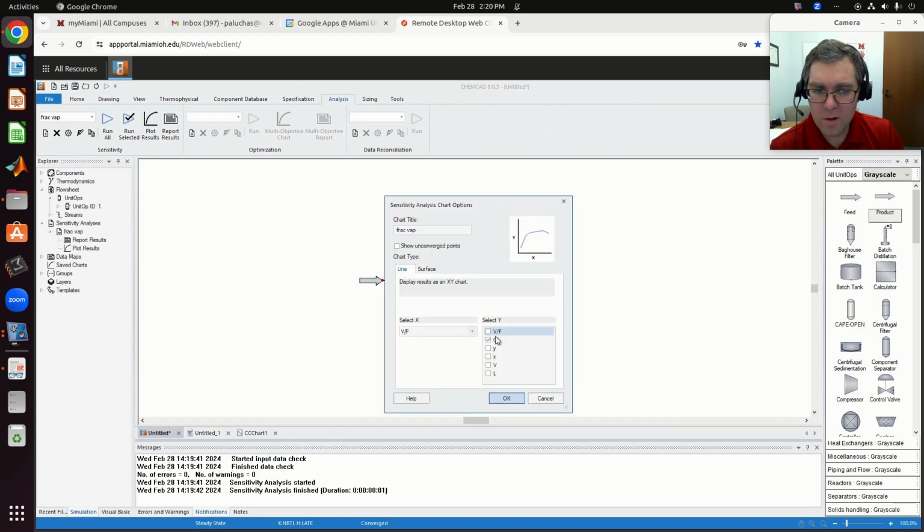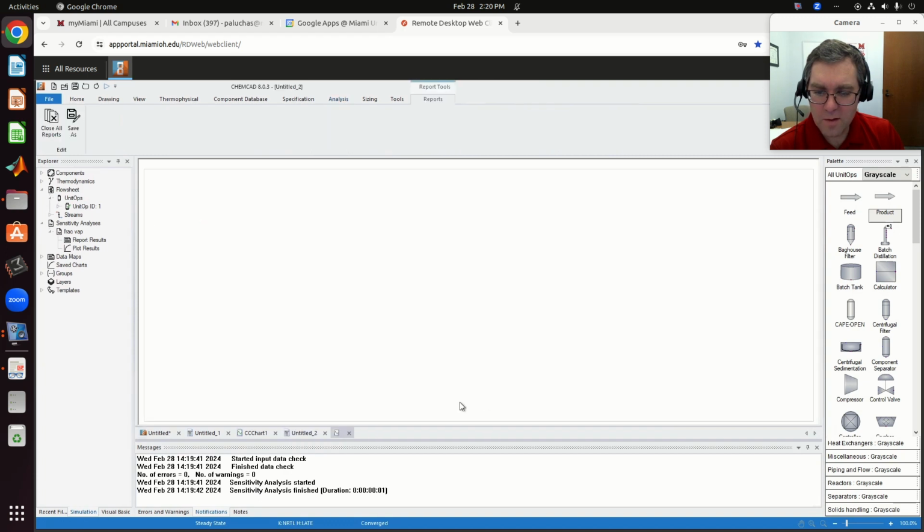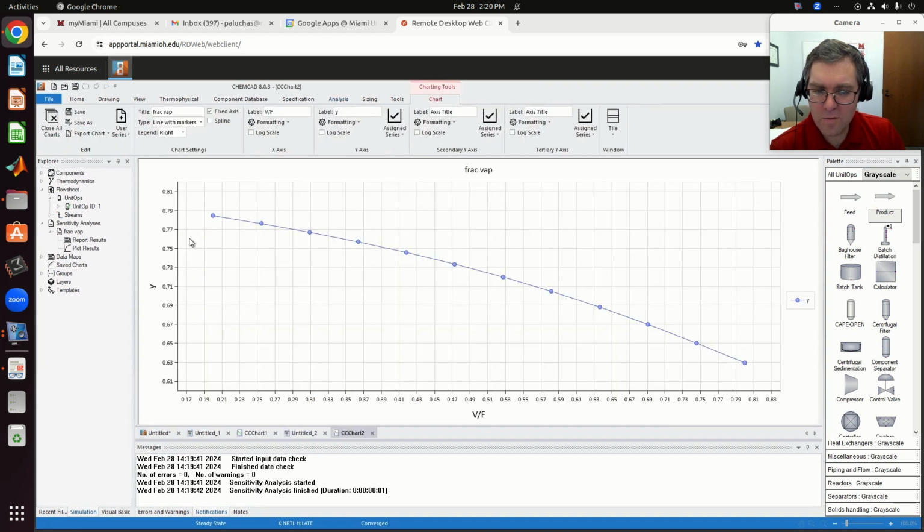And let's also look, so let me do Y and X. Let's do fraction vaporized. As the fraction vaporized increases, Y decreases, as I would expect, right? I'm getting more vapor coming out the top, but the concentration of my most volatile component is decreasing.